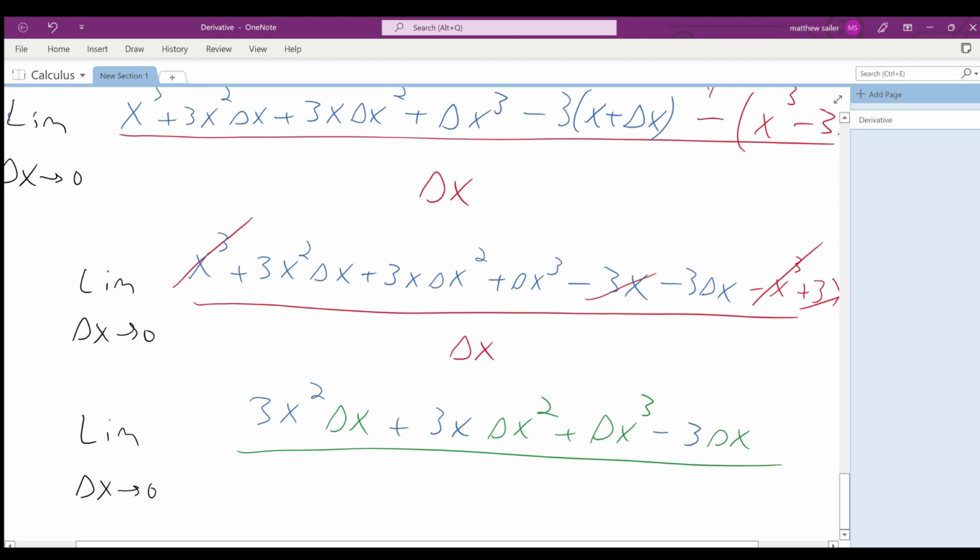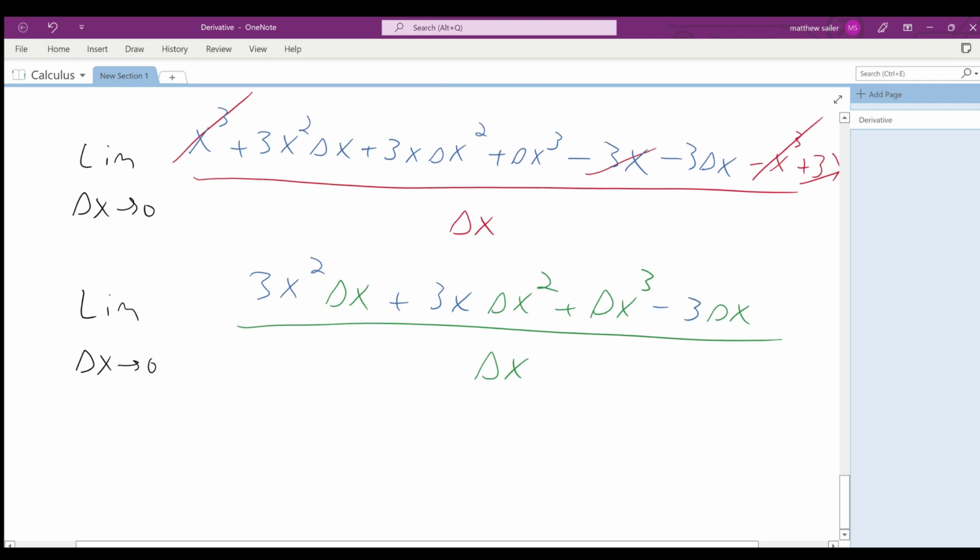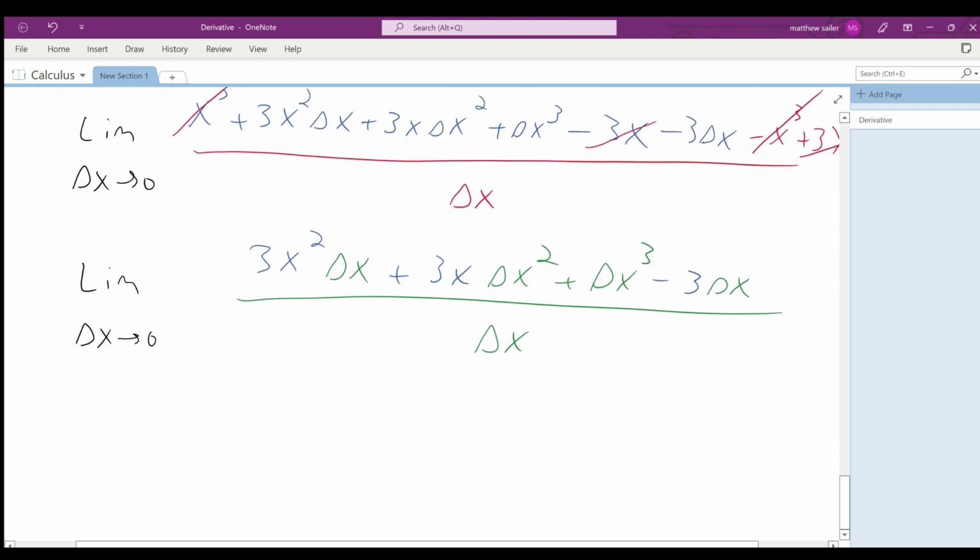And this is going to divide by delta x. Now I marked the delta x's in green just to make it easier to see that each piece on top now has a delta x. So we can cancel the delta x's. So that will become a 2 and delta x.